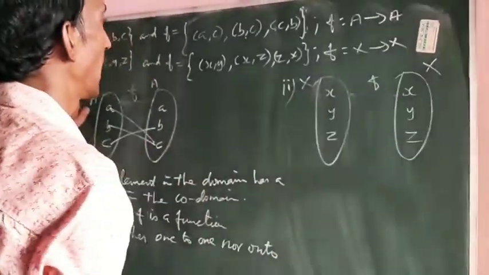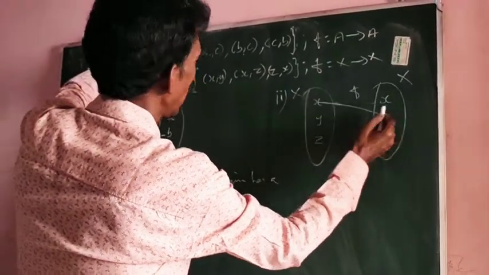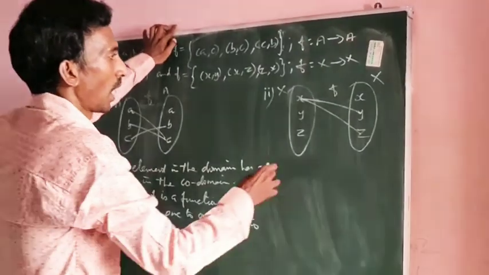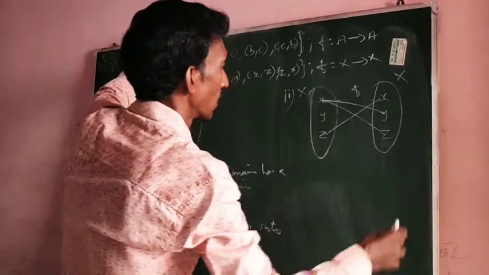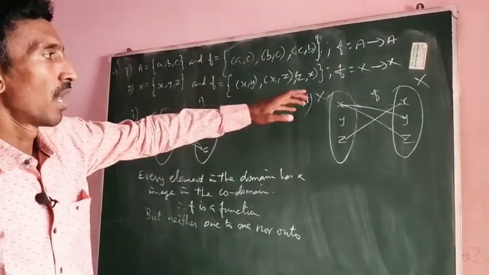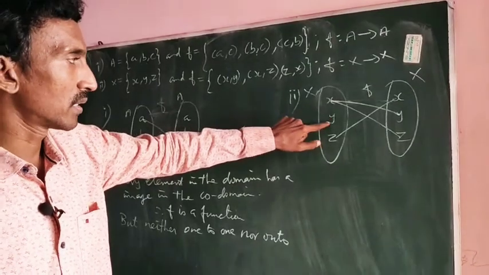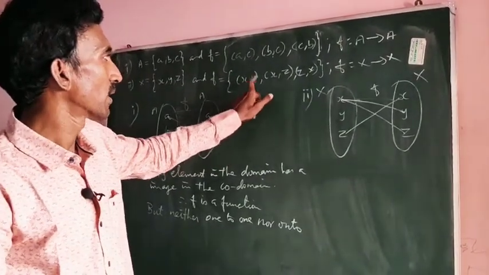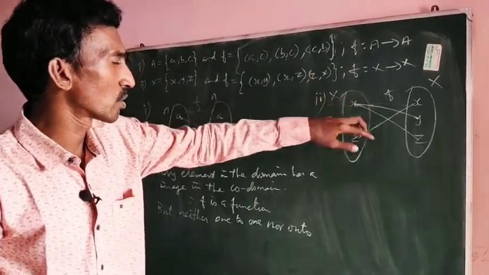How they are related: x goes to y, x goes to z, and z goes to x. Look here. It is not a function, because there is an element y in the domain which has no image.